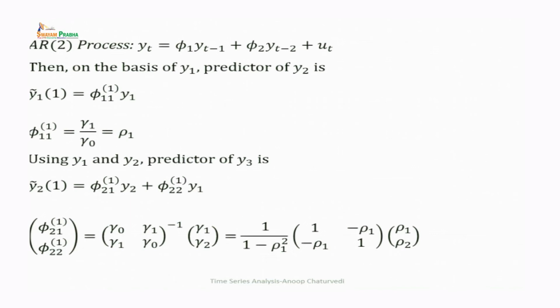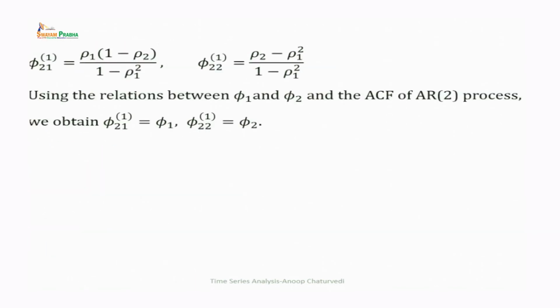Just write these autocovariances as autocorrelation coefficients. So from here you can obtain the values of phi 2 1 1 and phi 2 2 1 also. So phi 2 1 1 is equal to rho 1 times 1 minus rho 2 upon 1 minus rho 1 square, and phi 2 2 1 is equal to this.